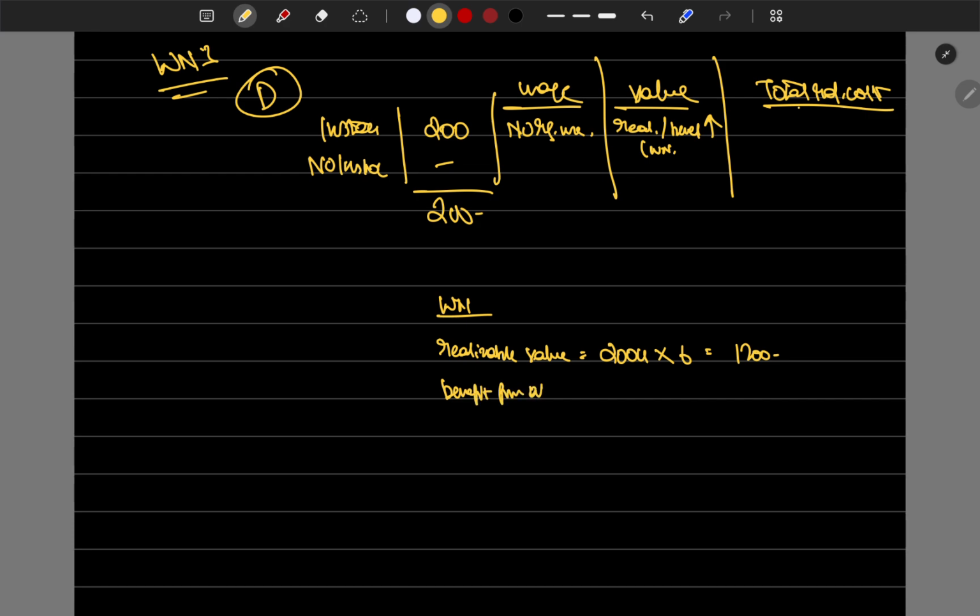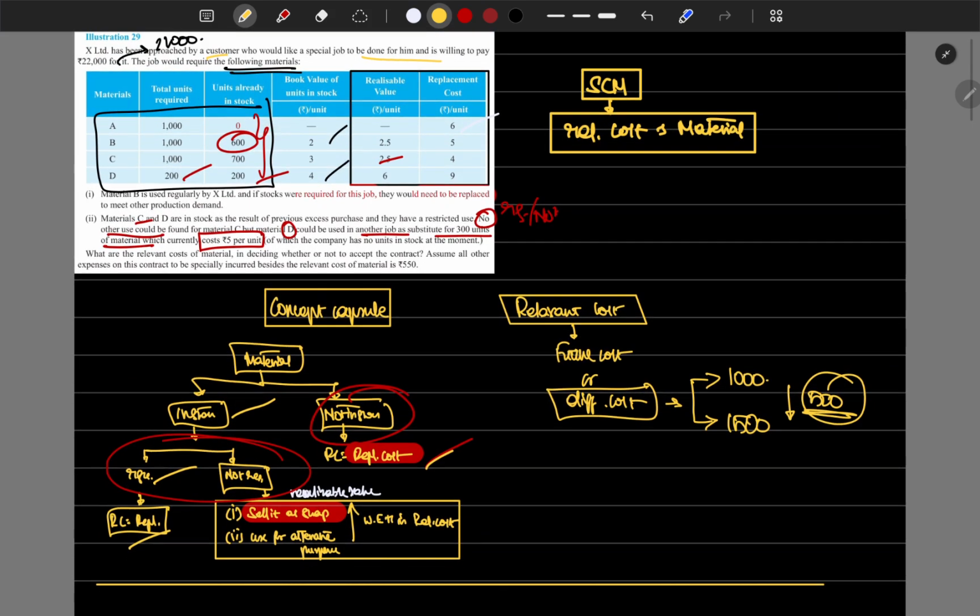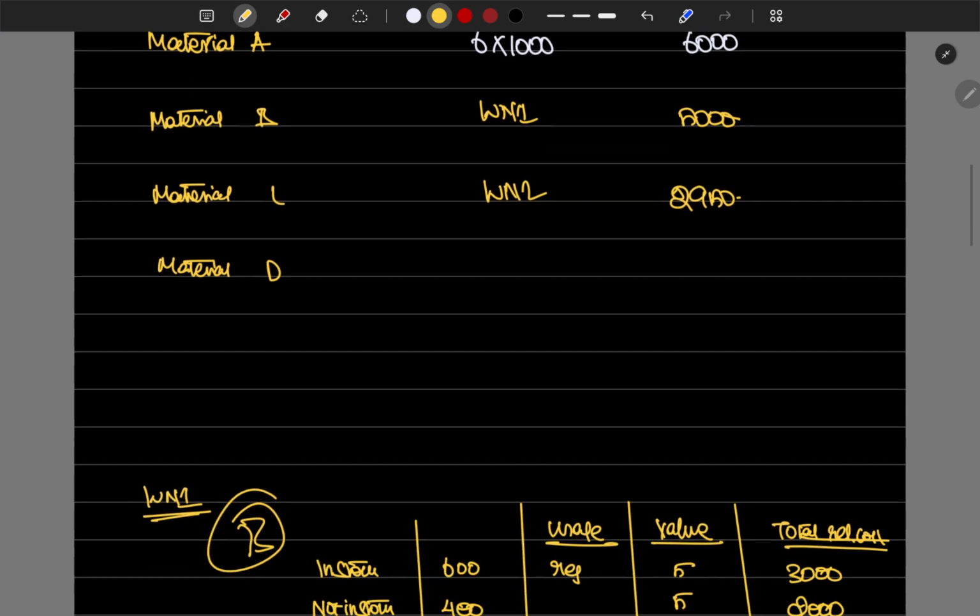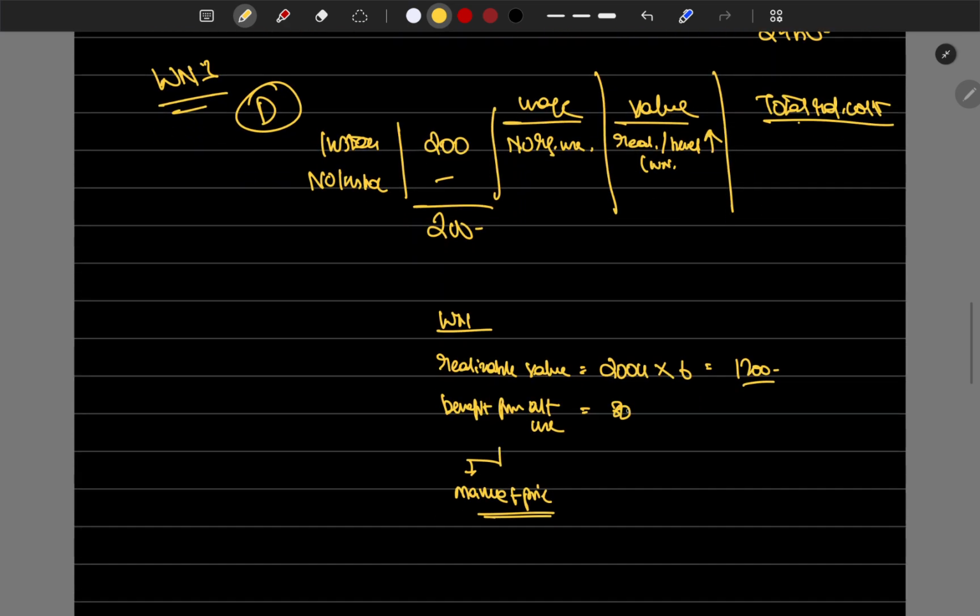And the benefit from alternate use. If it is realized, we could have realized 1200, but if it is a market use, we have to check what's the market price of the relevant stock, which is 300 units into 5 rupees per unit, which is 1500, whichever is higher.